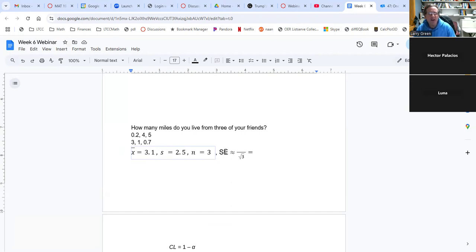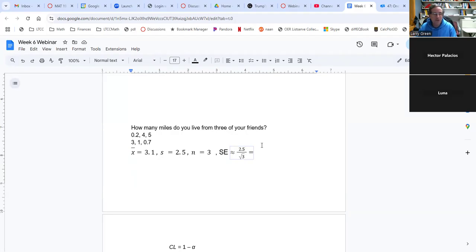And then we have the standard error. Remember, the formula for the standard error was sigma over the square root of n. We don't know sigma. We don't know the standard deviation of the whole population, so we're just going to make a guess, and our best guess is the 2.5. So I'm going to use 2.5 as my best guess for the standard deviation for how far away your friends live from you.